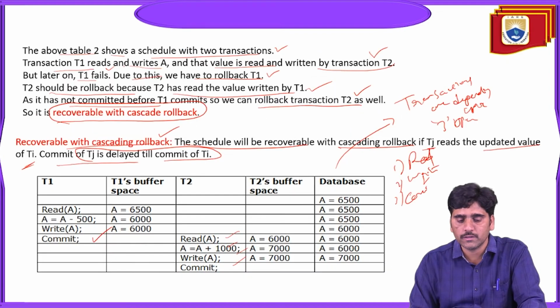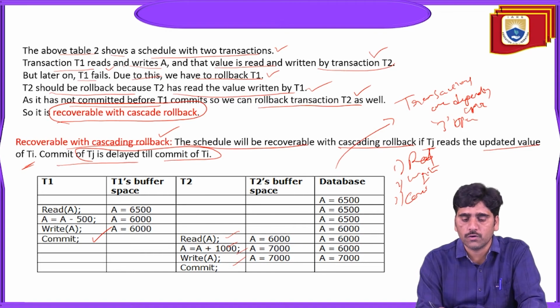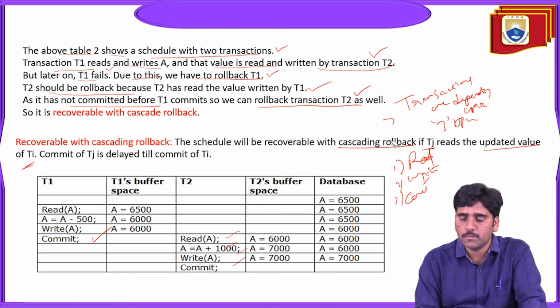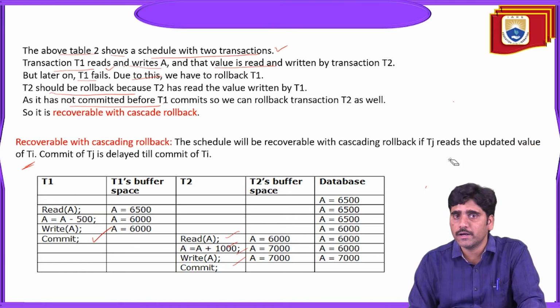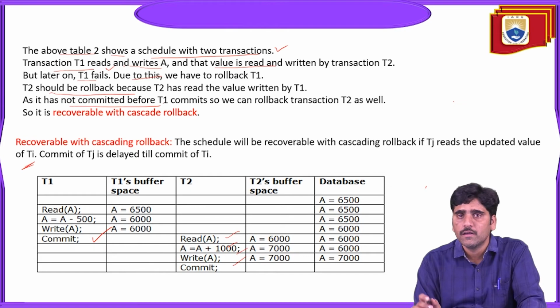So we have transactions depending upon other transactions, and if one is committed and the second one is also committed, then we are able to recover the schedule of the transaction depending upon one transaction to another.